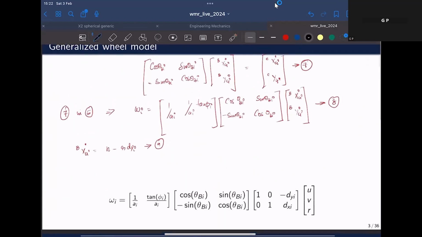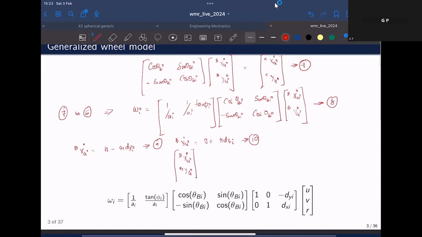So yci dot would be v plus r dxi. I'll call this equation 10. I can also write equations 9 and 10 in vector form. So xci dot, yci dot represented with respect to the B frame.